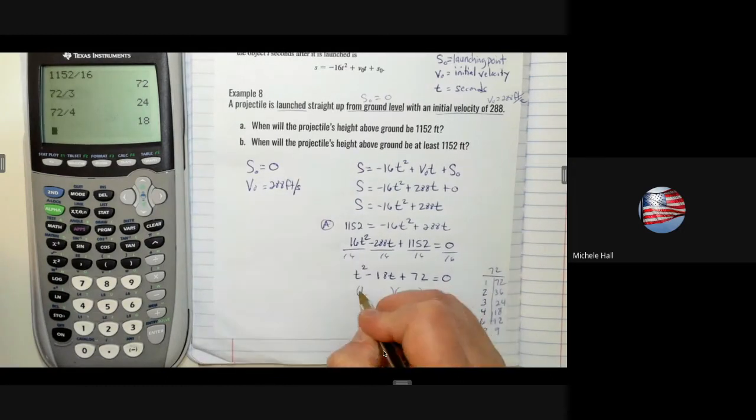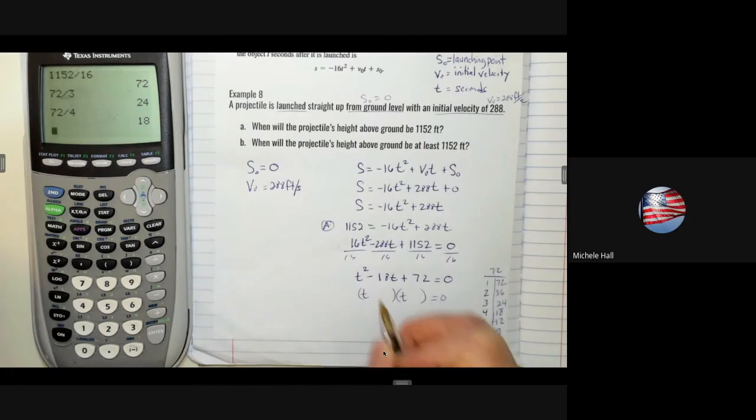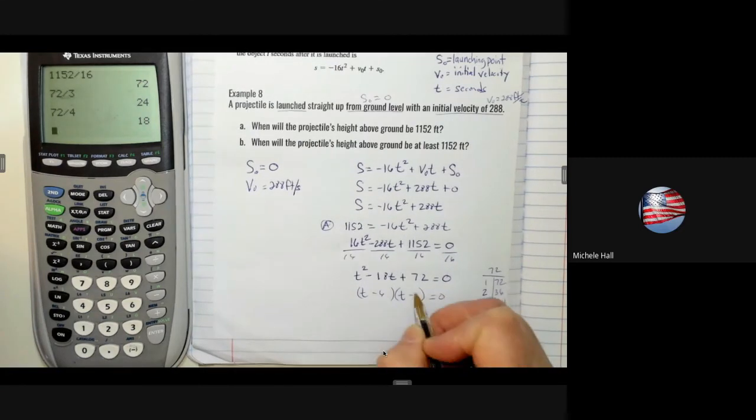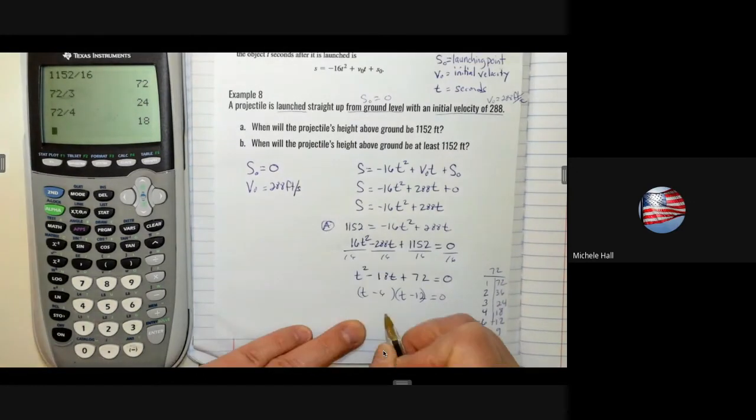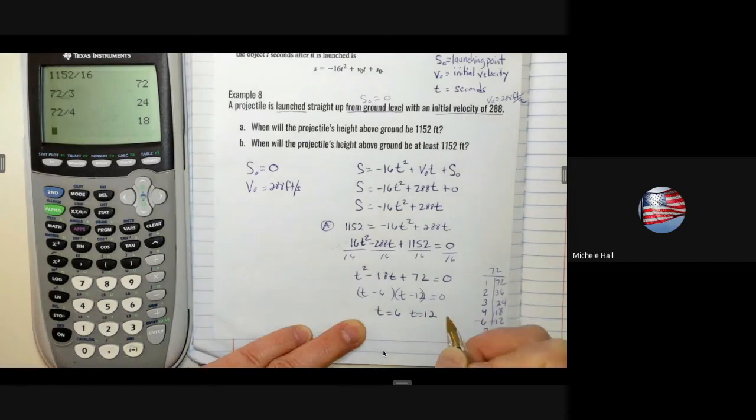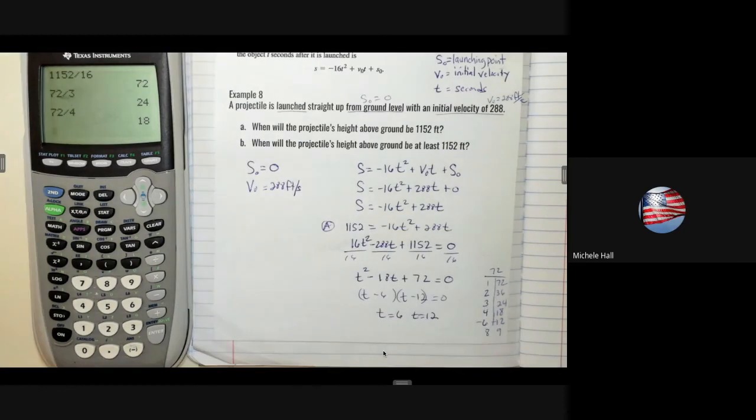We have t minus 6, t minus 12. And when we solve these, we get that t equals 6, t equals 12. So the projectile is above the ground twice, once at 6 seconds.